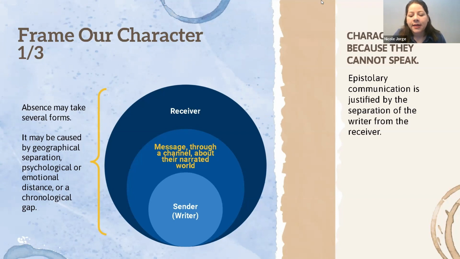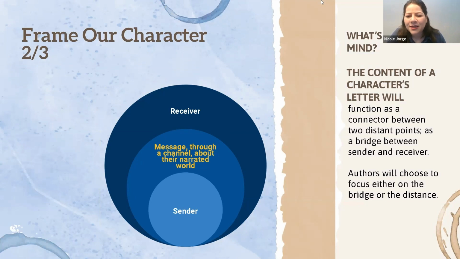Which carries us into our second point, or our second layer of intentionality. Once we've figured out that there is this absence that does not allow them to speak, then in turn they'll write, well, what's on their mind? What is so urgent that needs to be written?